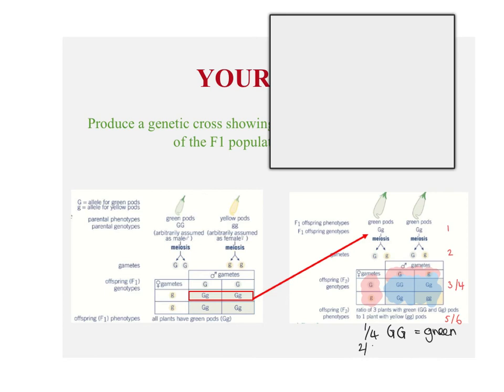And we've got 2 out of 4 big G, and we know they're also green. And 1 out of 4 little g, and we know they are yellow. Then you can summarise that, saying 3/4 of them are green and 1/4 of them is yellow. It just shows in a little bit more detail that you know what genotypes give what phenotype.